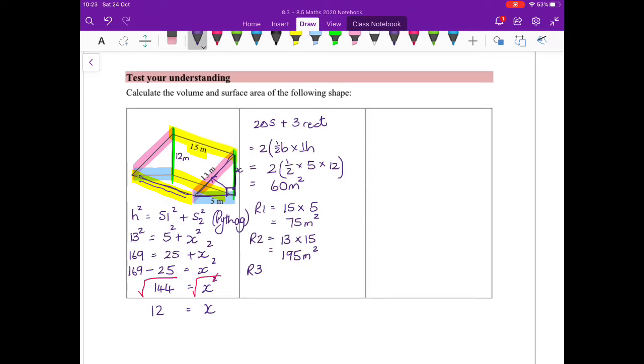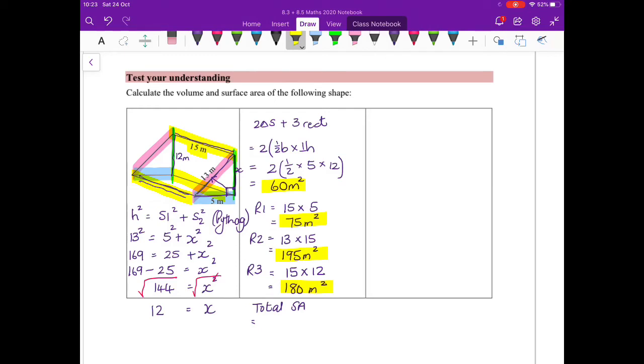Then I'm going to do rectangle 3, which is the one at the back, and it's the 15 multiplied by 12. So that will be 15 multiplied by 12, and if I do that calculation, I get 180 meters squared. So my total surface area will equal 60 meters squared plus 75 meters squared plus 195 plus 180.